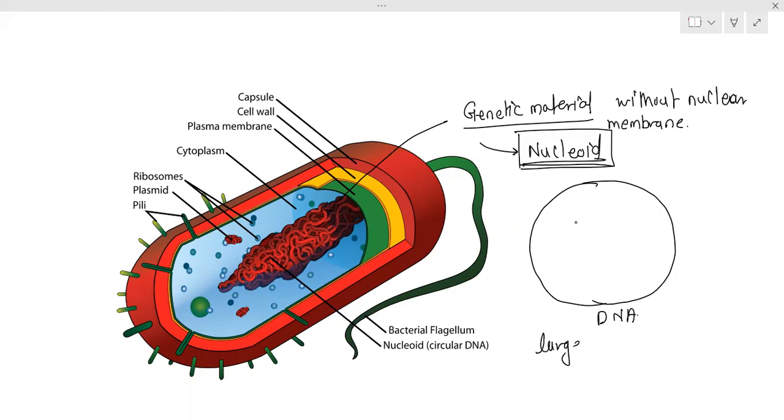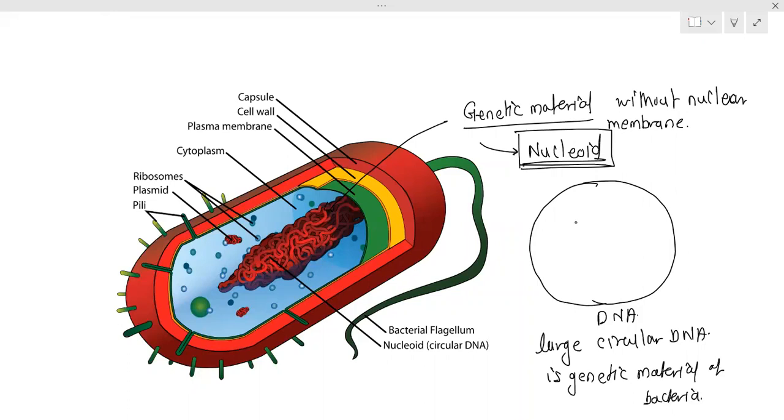So remember very carefully, the genetic material of bacteria is what? Large circular DNA. This circular DNA is entangled, compactly packed and fit inside. Understanding? Large sized circular DNA is the genetic material of bacteria.